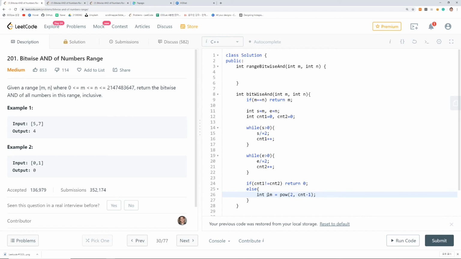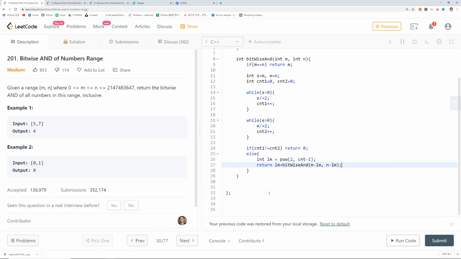We can add that number into our result, and I'm gonna return it with bitwise AND of m and n again, with m minus lm and n minus lm, because I have to subtract the lm from the start range and the end range.